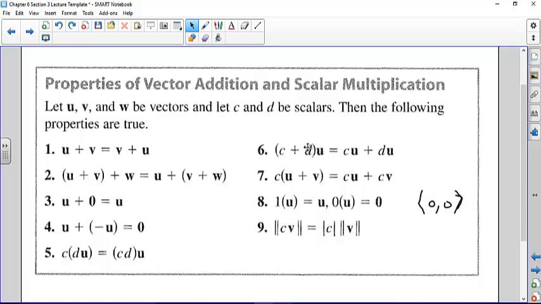If you add these numbers together, say 3 plus 2, 5 times vector u is the same as multiplying by c and d separately and then adding the vectors together. Likewise, if you have two vectors u and v and one scalar, you can either add the vectors together and then multiply by the scalar, or multiply by the scalar first and then add the vectors together.